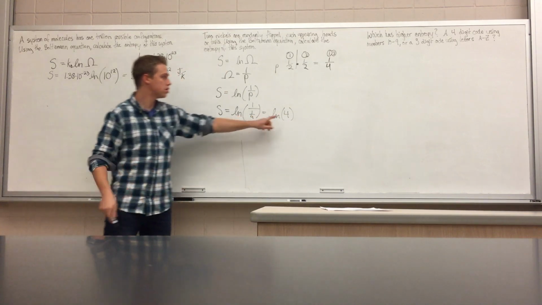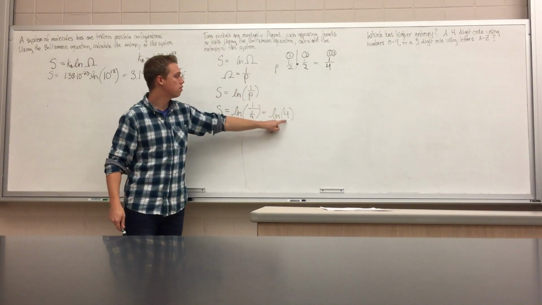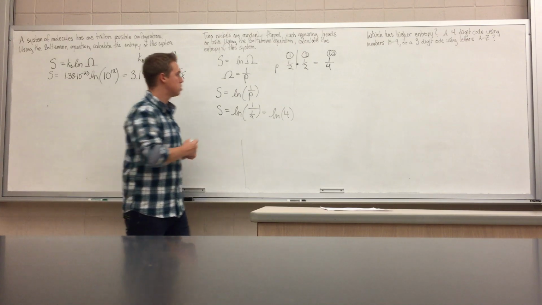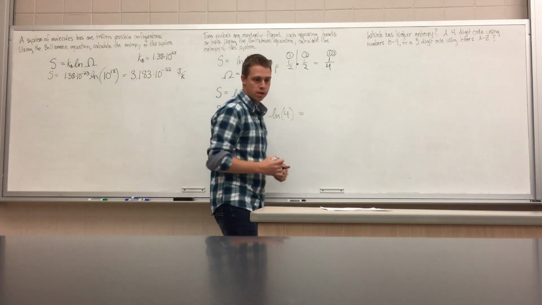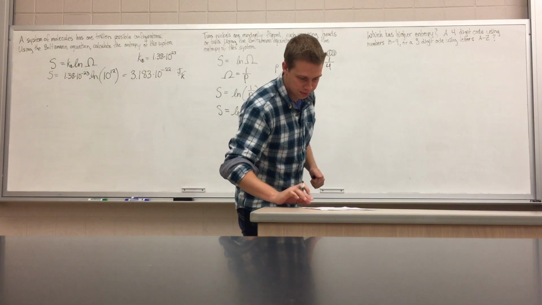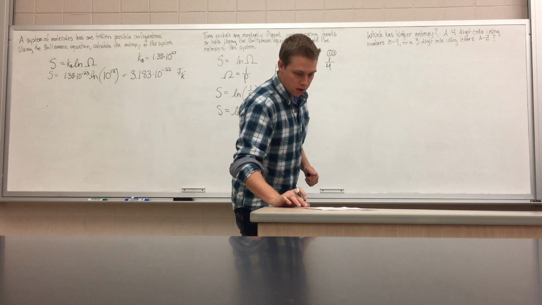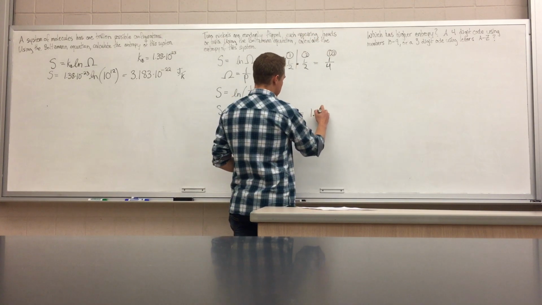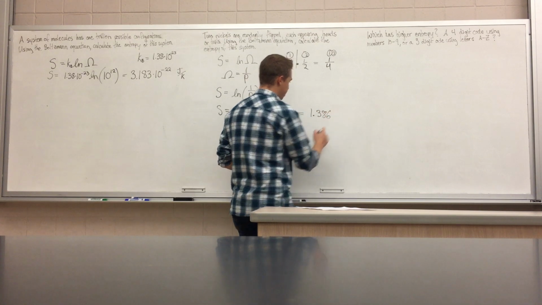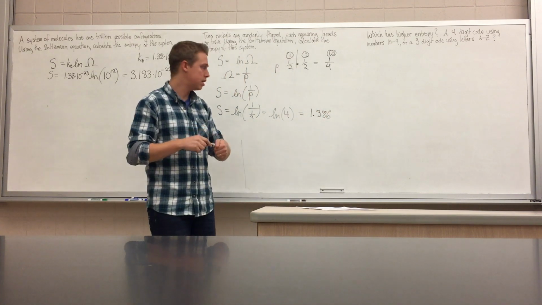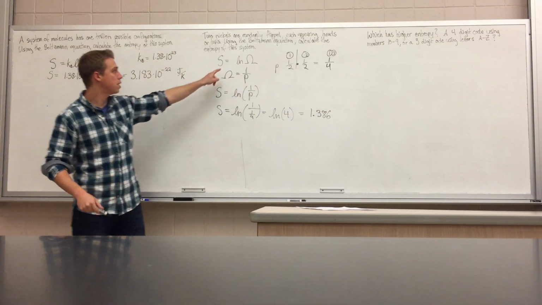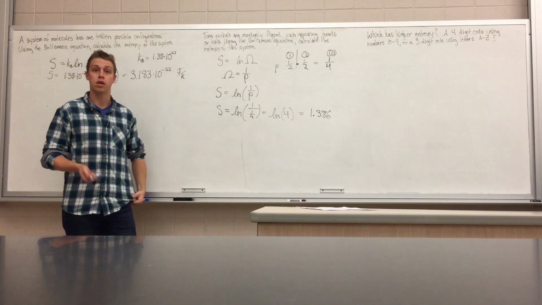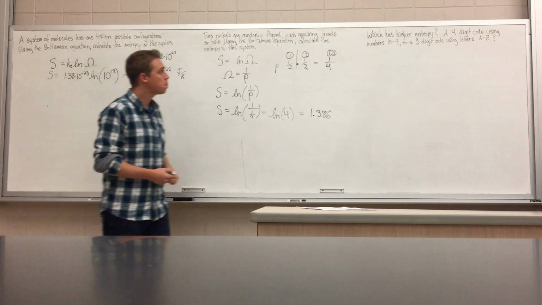And we have, of course, 4, which is our number of possible configurations. So this numerically comes out to about 1.386. And again, no unit, because this is using the version of entropy without the units of joules per Kelvin.